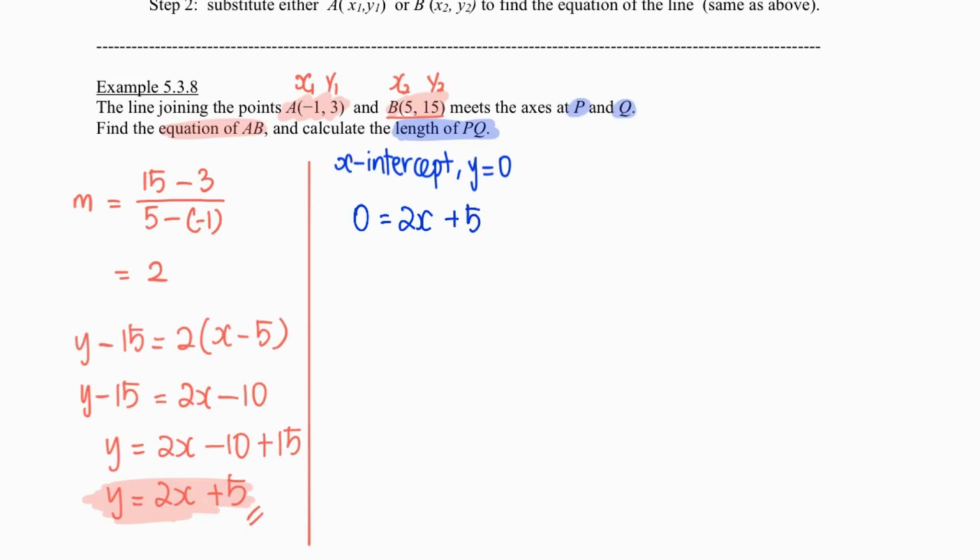So negative 5 equals 2x, divide by 2 on both sides. Since this one is not an exact value, I'm going to use decimal. So I have successfully gotten the x-intercept.